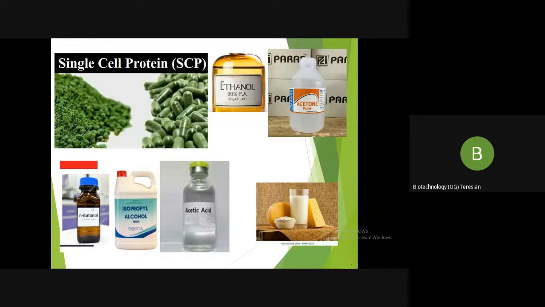It is used in the production of cheese, yogurt, lactose, whey, that liquid part of the milk. It is also used in the production of vaccines, cell cultivation, treatment of sewage and chemical waste, and in the brewing industry for beer and wine production, and vinegar production. So it has a lot of applications if you look into it.